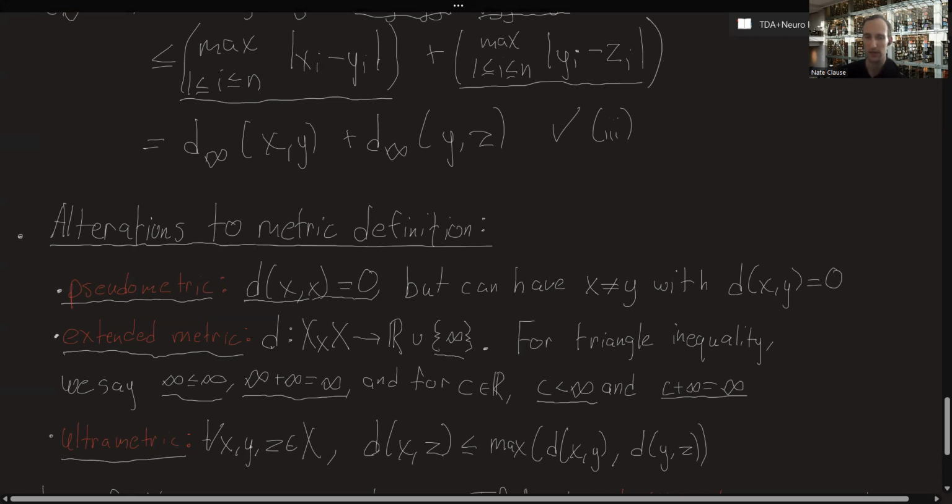For all x, y, and z in our space X, the distance between x and z must be less than or equal to, now not the sum of the distance between x and y and the distance between y and z, but the maximum of the distance from x to y and the distance from y to z. And this is known as the strong triangle inequality.